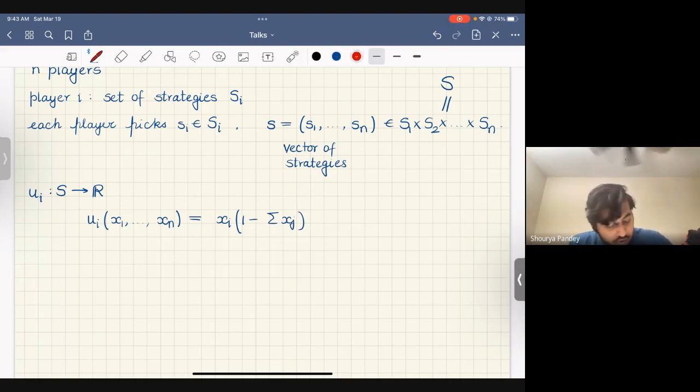It's called u because it's called a utility function. It's the utility obtained by player i, that is, like the profit or the value or the happiness that player i has after this whole game. Okay, great.